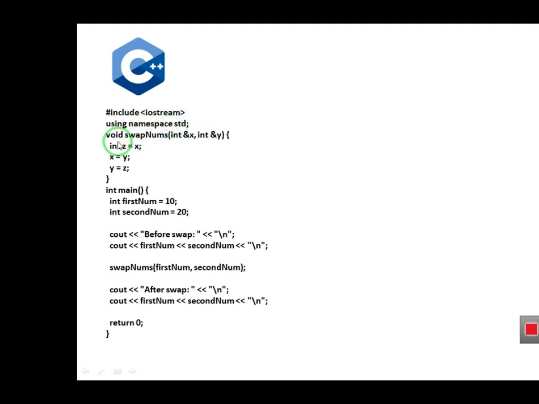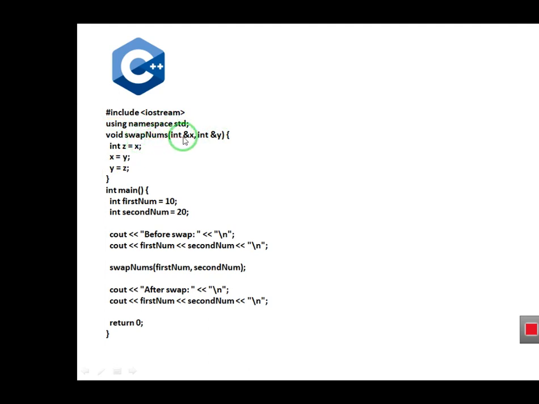This is our user defined function void swap, num, integer ampersand x, and integer ampersand y. Clear? Sorry, I am not remembering its name right now.